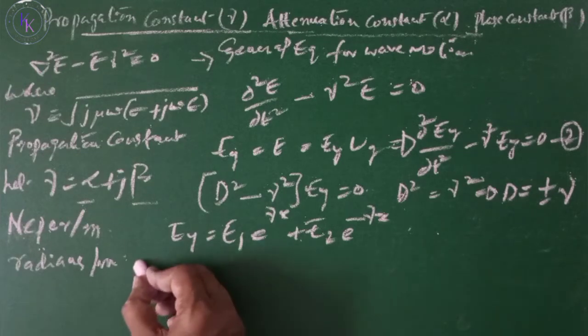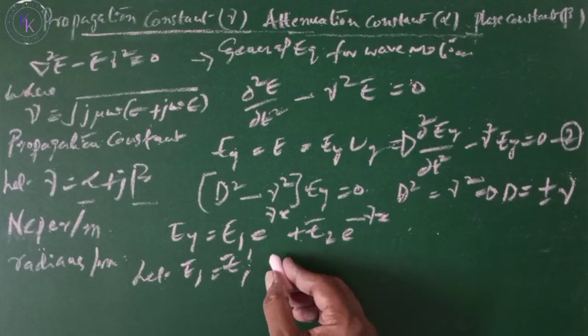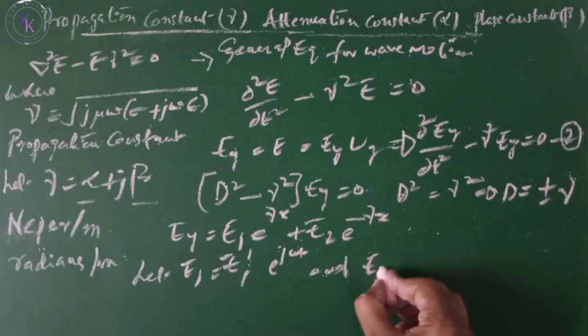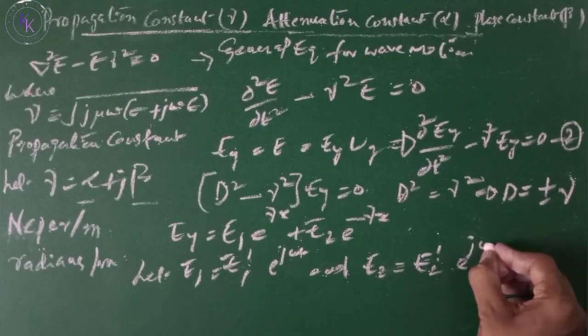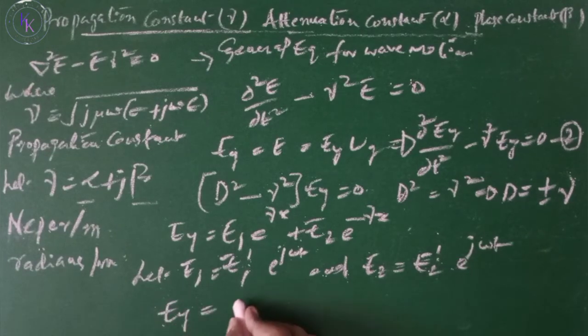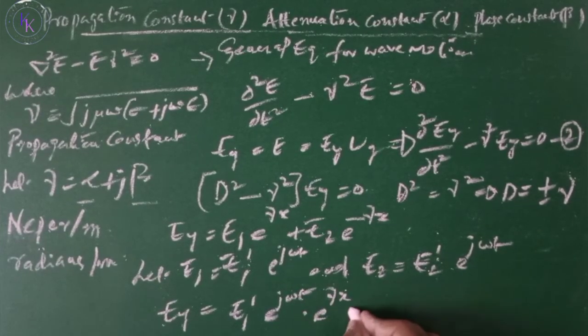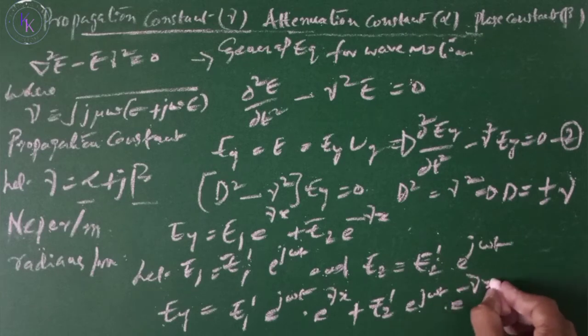Then let E1 equal E1 dash e to the power of j omega t and E2 equal E2 dash e to the power of j omega t. Ey equals E1 dash e to the power of j omega t multiplied by e to the power of gamma x plus E2 dash e to the power of j omega t multiplied by e to the power of minus gamma x.